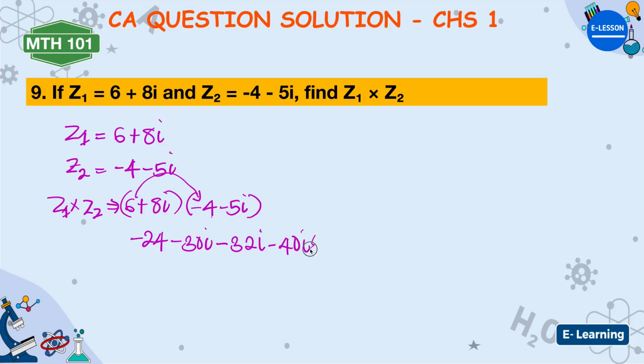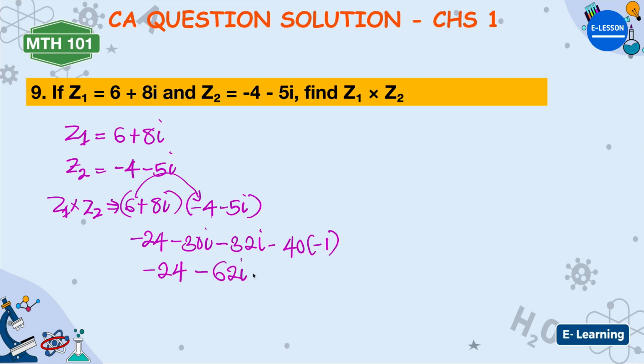squared. I told you that i times i, or i squared, is the same thing as what, my dear student? The same thing as minus 1. All right? So this will then give us minus 24 minus 30i minus 32i. That will give us minus 62i.